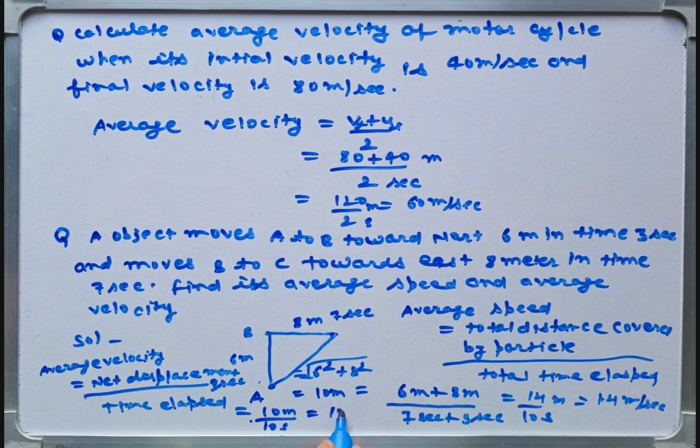So this is 1 meter per second. See how the average speed and average velocity differ when the direction of motion of an object changes.